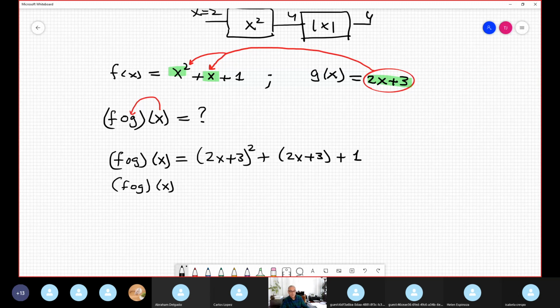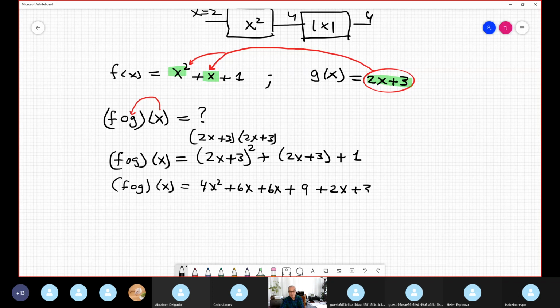You fold here. 2x plus 3 times itself is 4x squared. First, outer, which is 6. Inner, which is 6 again. And last, which is 9, 3 times 3. Plus 2x plus 3 plus 1. Well, combine later, 4x squared, and organize.